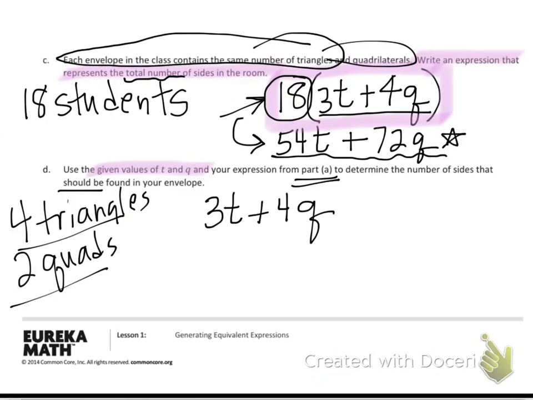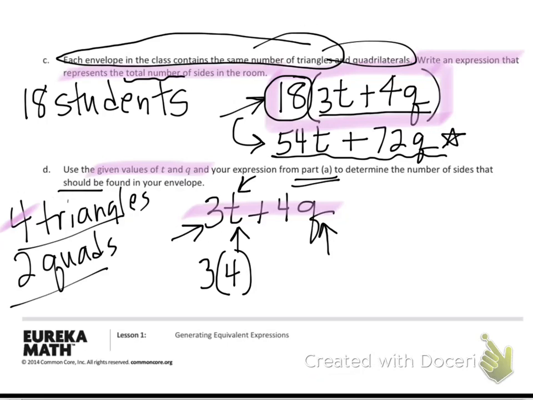So what we do now is we have our expression right here, we have our variables set up. Now all we need to do is plug in the values that go with those variables. The t, how many t's do we have? We have 4. We plug it in. 3 times 4, because we had 3 sides, that's our coefficient, 3 sides to every triangle.